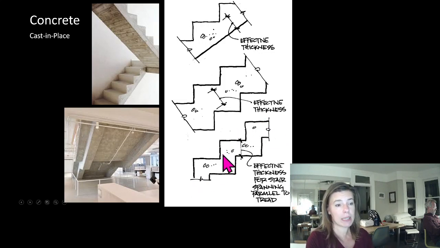It can be done, but it's going to be very expensive still for formwork and for reinforcing. Here we only have expensive formwork on the top. Here we have expensive formwork on the top and easy reinforcing. Here we have expensive formwork top and bottom and easy reinforcing. Here we have expensive formwork top, bottom, and very complicated reinforcing.